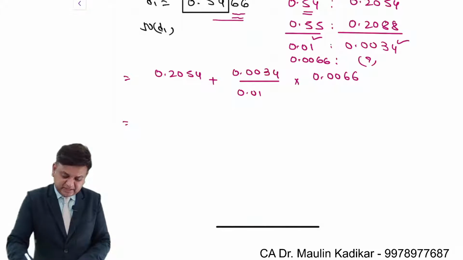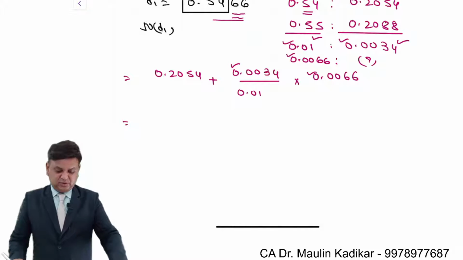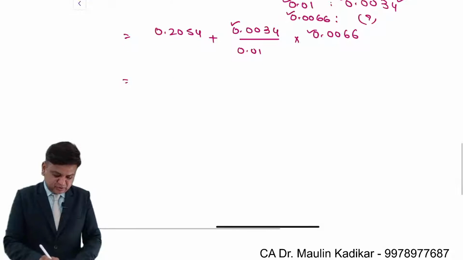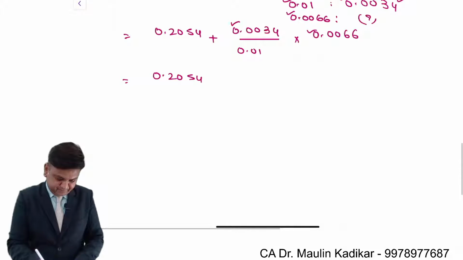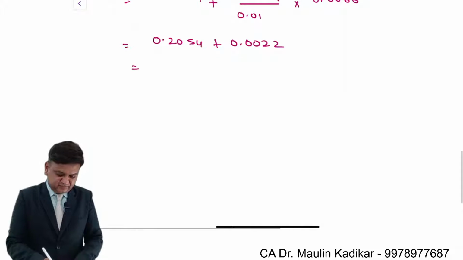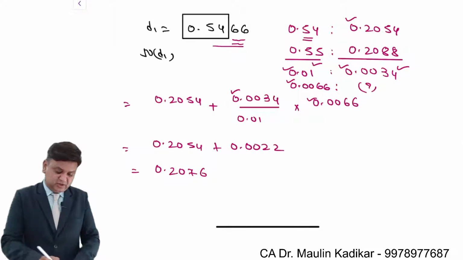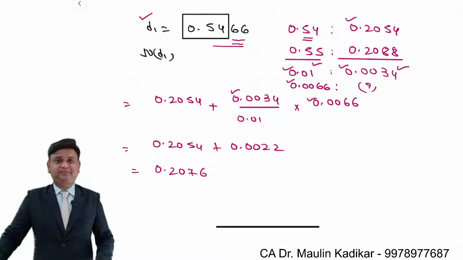So that would be calculated as 0.0034 into 0.0066 divided by 0.01. So it comes to 0.0022 plus 0.2054. That is the way it is 0.2076. That is the way we will have the reading of D1 in Z table.